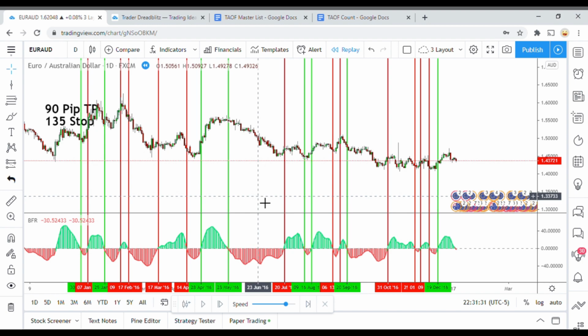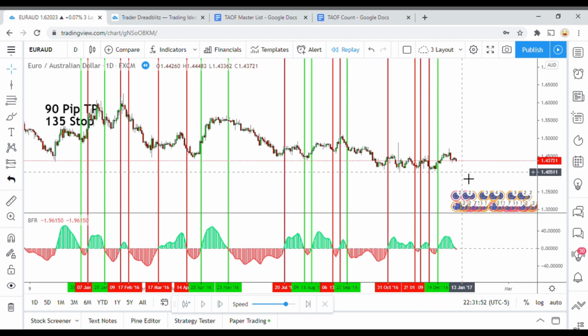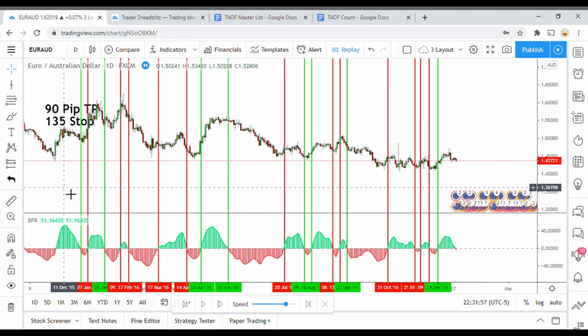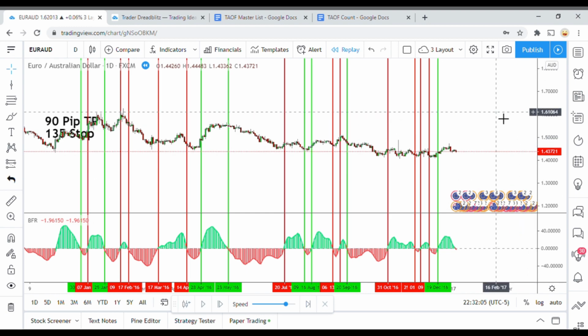All right, let's add these up, see what we can get out of them. All right, so we have 1, 2, 3, 4, 5, 6, 7, 8, 9, 10, 11, 12, 13, 14, 15, 16, 17, 18, 19, and 20. So we have 20 trades altogether. And we have 1, 2, 3, 4, 5, 6, 7, and 8 winning trades.